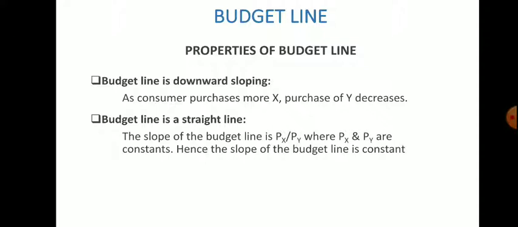So whatever value you get, the ratio of these prices will always be the same. So the slope of the budget line will also be constant, and if it is constant, then we will get what? A straight line. So keep it in your mind, the budget line is a straight line, because its slope gives you a constant value.